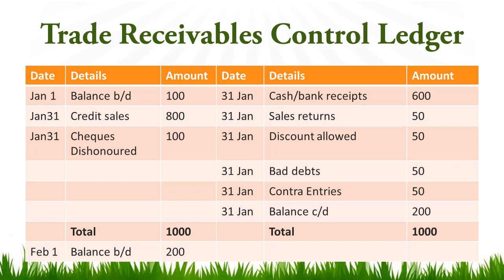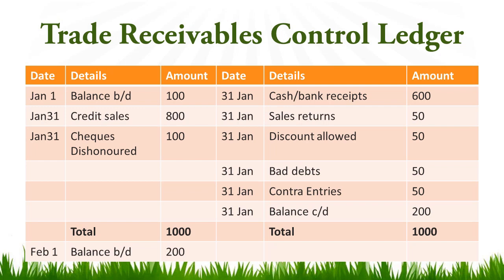And if any balance is going to be left, obviously we are going to make a total of the debit side of the debtors control ledger, that is the trade receivables control ledger. The debit side is going to be totaled, and then from it we are going to take away the credit side total.